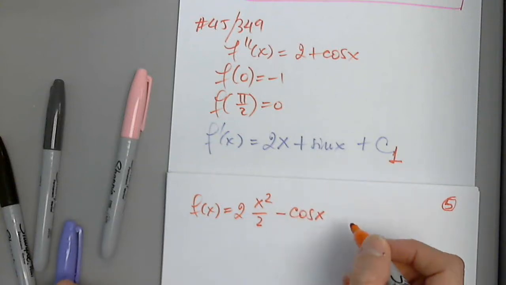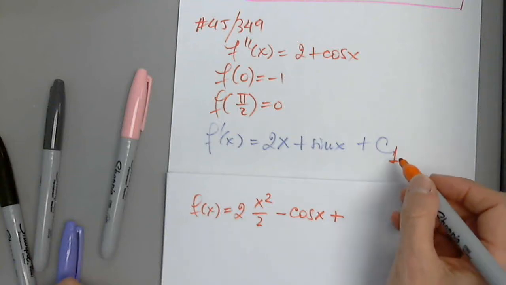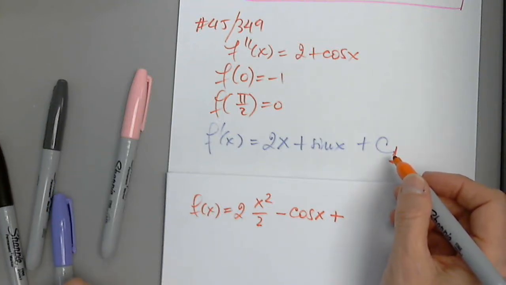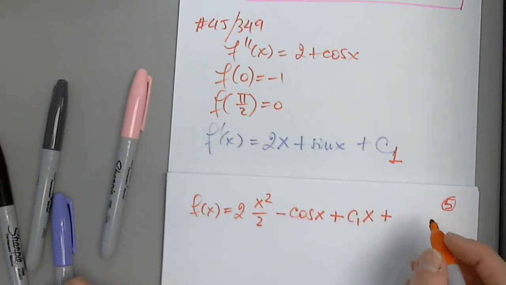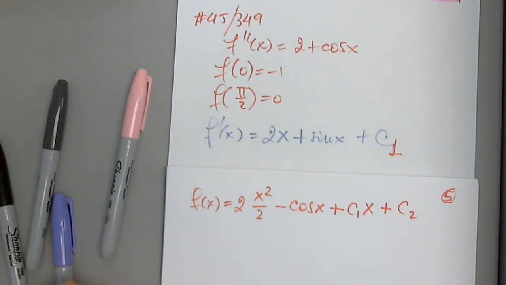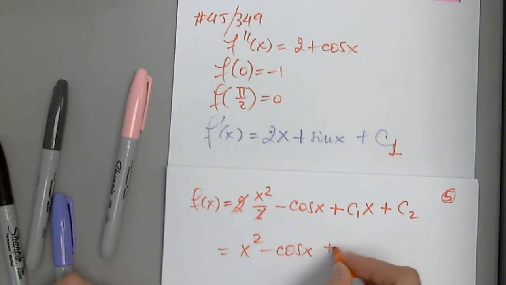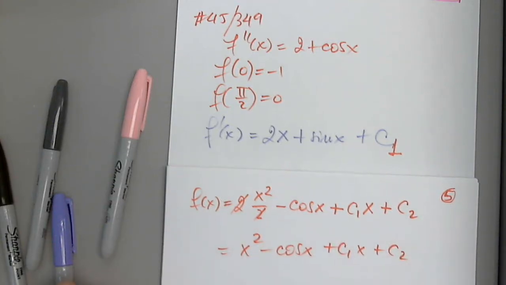Very good. Plus, which function prime is C1? C1x plus C2. Excellent. Now you simplify, and yes, you get x squared minus cosine x plus C1x plus C2.